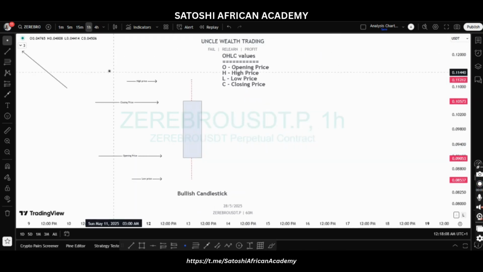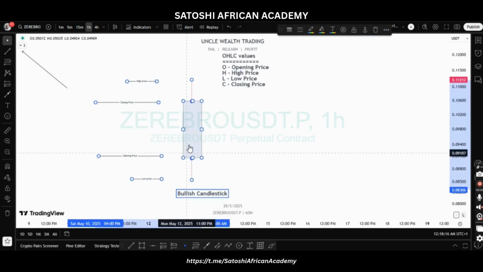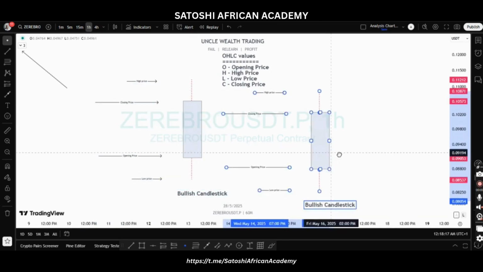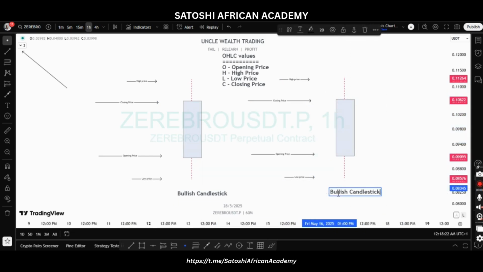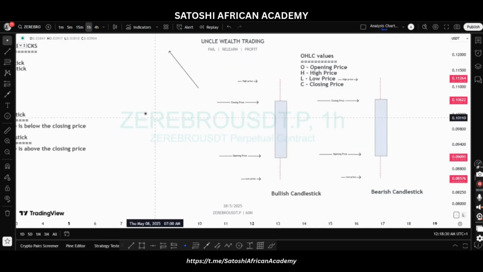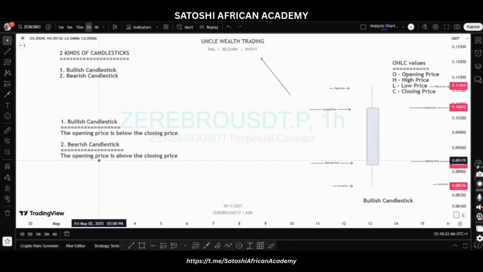All right, so we are done with the bullish candlestick. Let's go to the bearish candlestick. Now, we said in the bearish candlestick, the opening price is above the closing price.